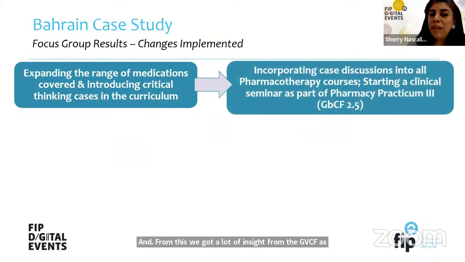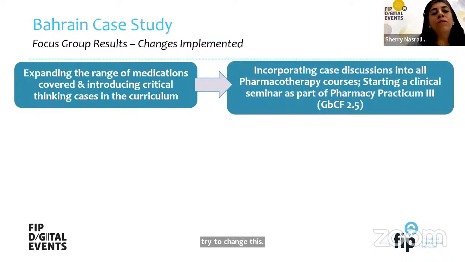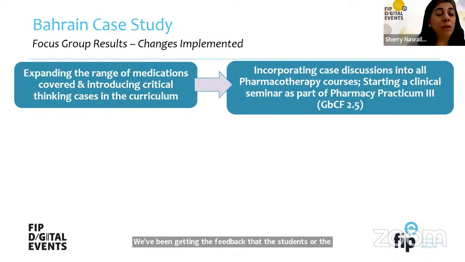I'll just quickly go through our findings and what we've been doing to try to change this. We've been getting feedback that the graduates wanted to expand the range of medicines covered during the curriculum and to introduce critical thinking cases as well. We've responded by incorporating case studies into 3 pharmacotherapy courses, and also starting a clinical seminar as part of one of our clinical training courses.